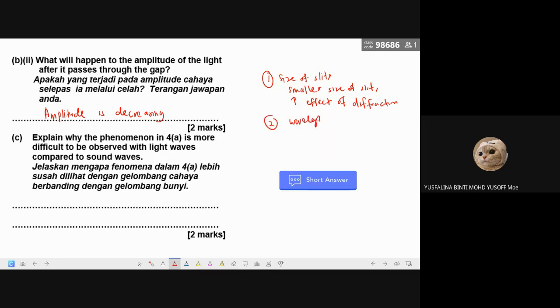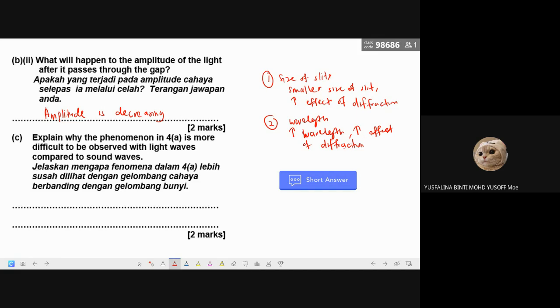So if you use a higher wavelength, if you increase the wavelength, the effect of the diffraction will also increase. In this case, we use the sound wave. The sound wave has a high wavelength compared to the light wave, so it is better for it to diffract.